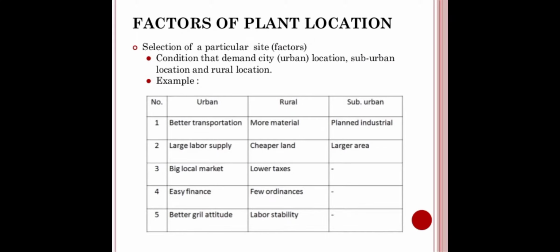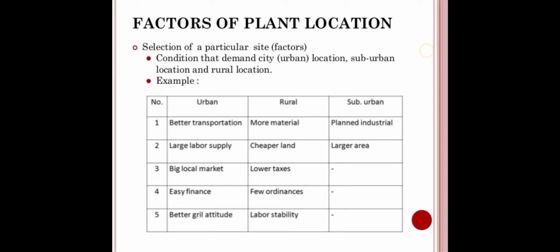Like for the urban location, better transportation, large labor supply, big local market, easy finance, better grade latitude, because there are many businesses running. Every location has its own pros and cons. So urban location has some benefits in this condition.